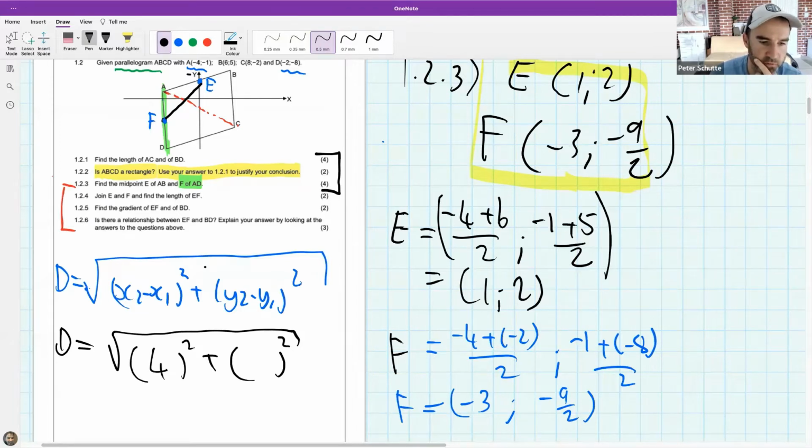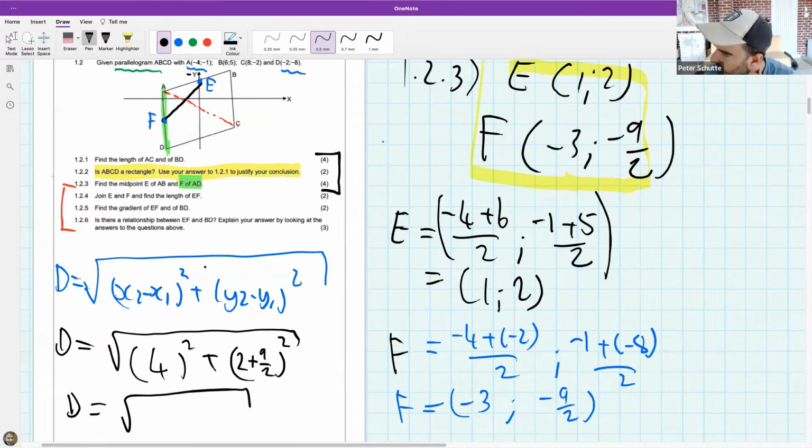That's going to end up being 4. And then this is going to be 2 minus 9/2, or 2 plus 9/2. And my final answer for EF is going to be a little bit messy, depending on how you do it. Let's have a look. Get my calculator out here.